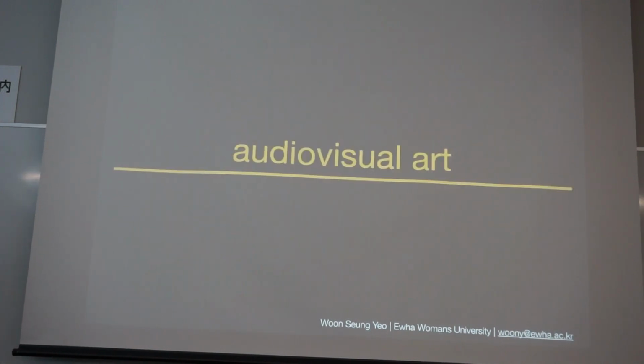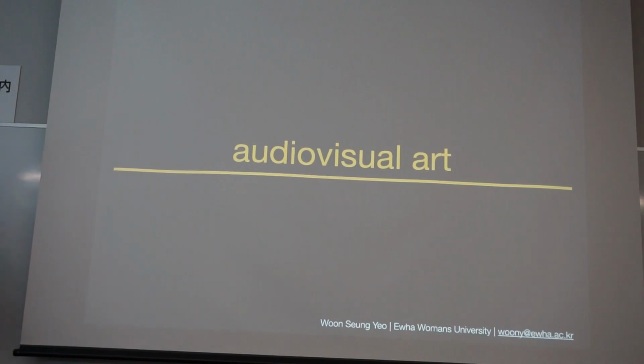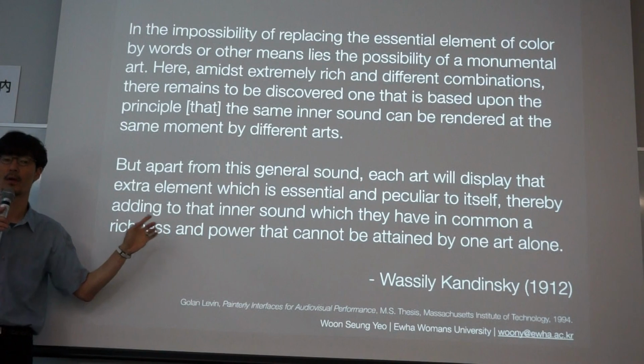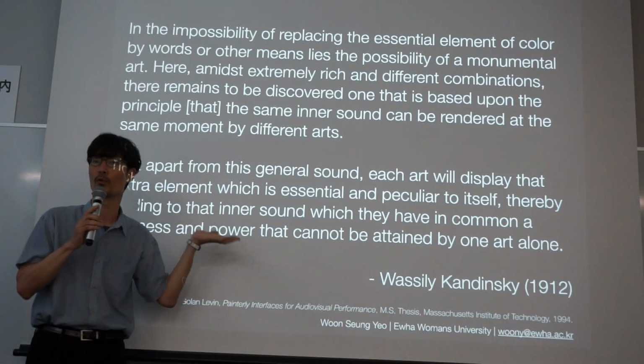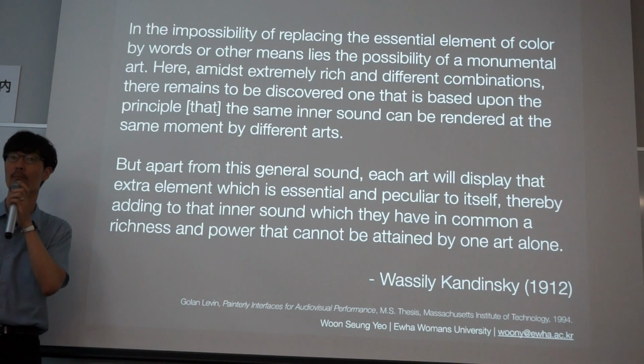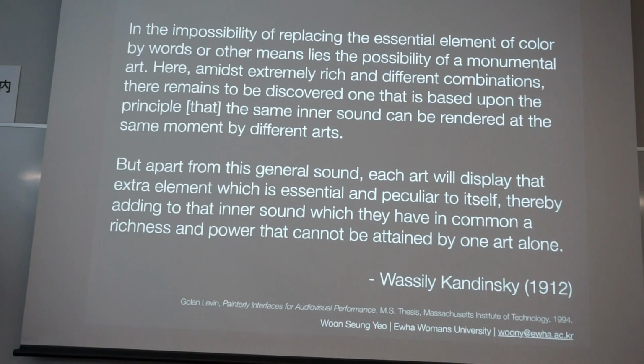And I would like to approach the problem from the viewpoint of audiovisual art. Many people think of audiovisual art and remember the name Kandinsky, right? He was interested in both music and visual art. But Kandinsky was not the only person, and not the first one by any chance.